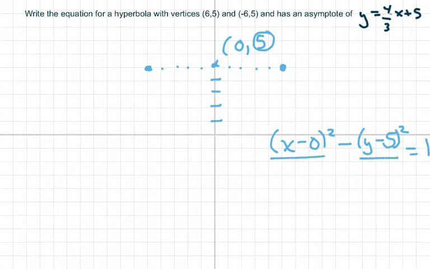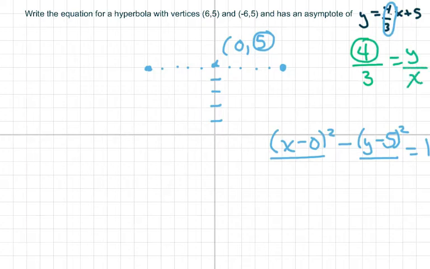Now, my asymptote is 4/3. Now I know the 4, when you talk about slope, what I usually do is I know that the 4 goes with the y, because if you talk about this, your slope is y over x. So I square the 4. 4 squared is 16, and I put it under the y. The x part is the 3, and so 3 squared is 9.